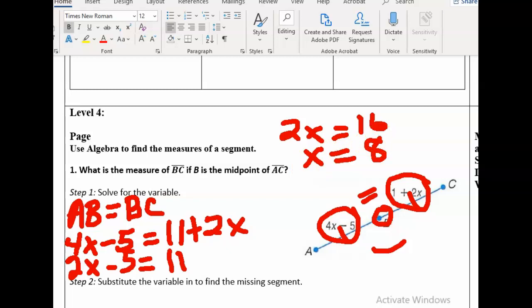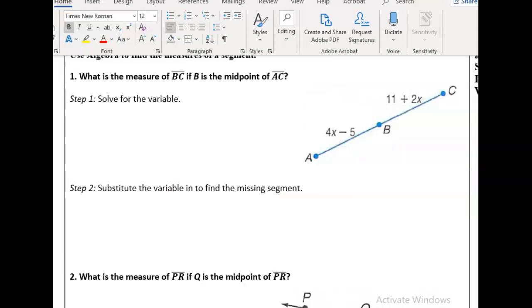So it asks us to solve for the variable, so x is equal to 8. Okay, now since x is equal to 8, step 2 says to substitute the variable in to find the missing segments.